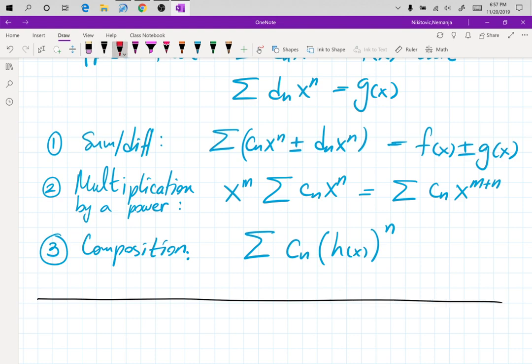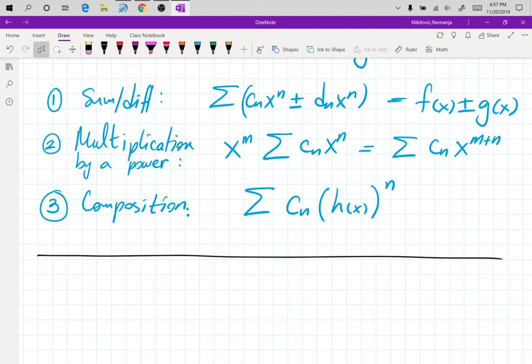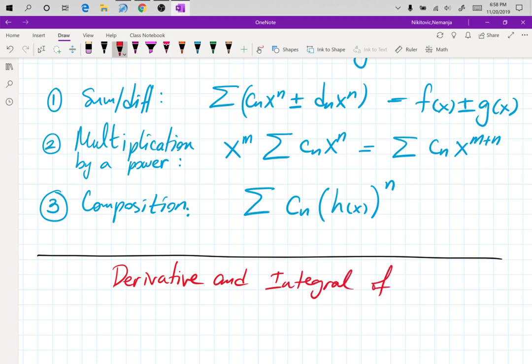This is now where 11.4 technically starts, but what I'm going to write is in 11.2, so it makes no sense, but the derivative and integral of power series.